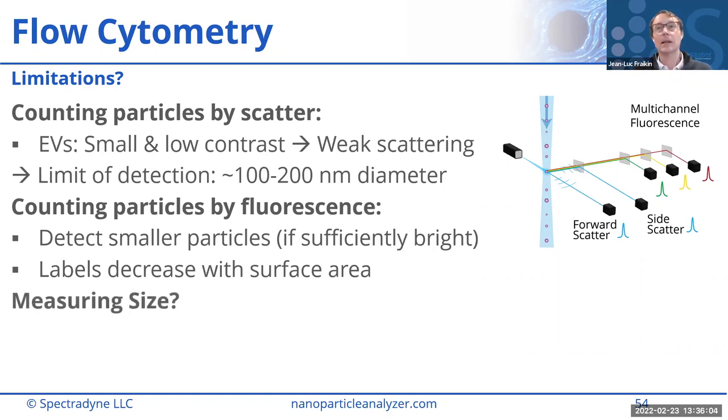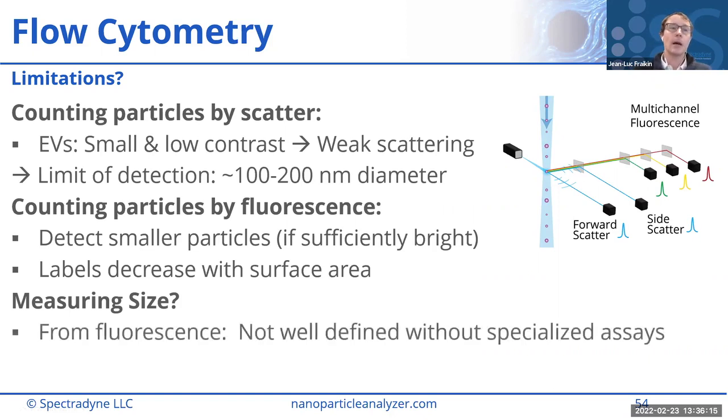What about measuring the size? So we talked about counting particles, that's about concentration. When we measure size, remember that's a critical parameter also. Measuring size by fluorescence is not very well defined, right? Because a very small particle, like a fluorophore aggregate, for example, might shine as brightly as a larger dim particle in the fluorescence channel.